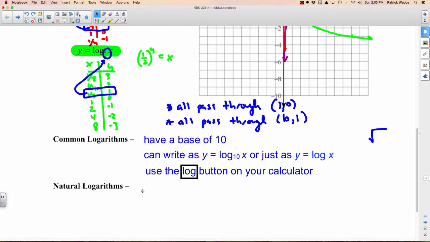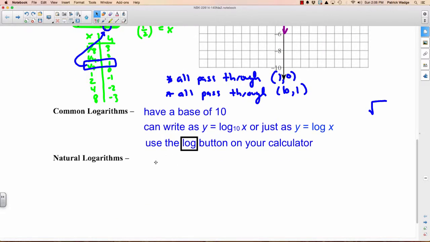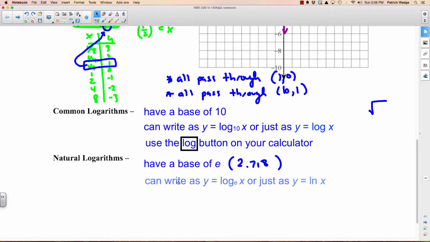There's also natural logarithms. Natural logarithms don't have a base of 10, they have a base of e. Do you remember e? We talked about it before. It's an irrational number, approximately equal to 2.718. Remember, it actually goes on and on forever, but that's approximate. You can write that as y equals the base e logarithm of x, or you can write it like this: y equals ln x.